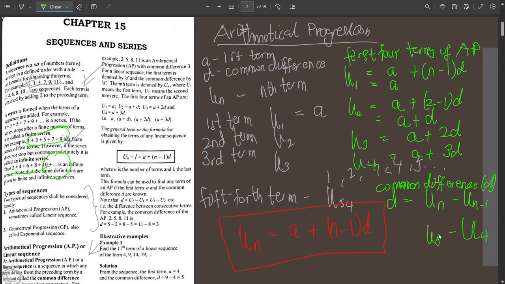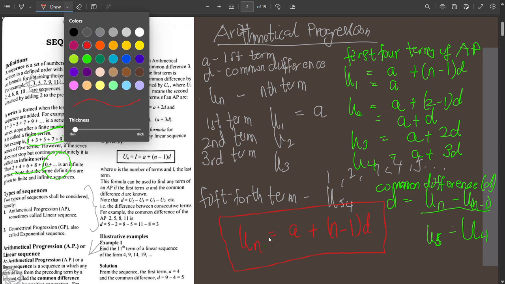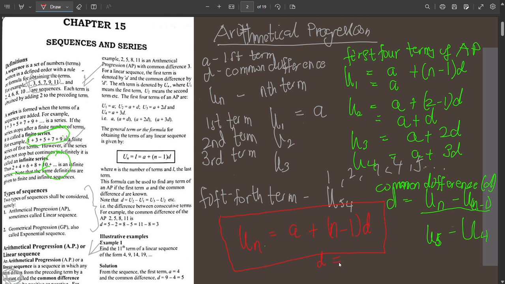So the one in front is always one higher than the one before it. That's why in the formula we use d is equal to u of n minus u of n minus 1. We always make sure that one is greater than the other by just 1. So let's write the formula for d, and take note of these formulas.